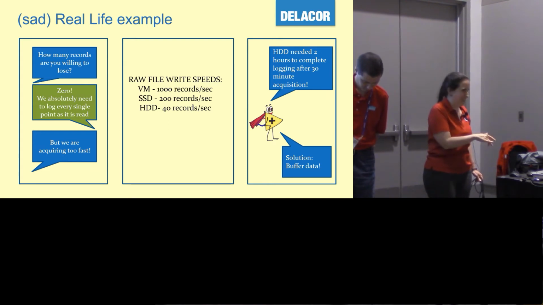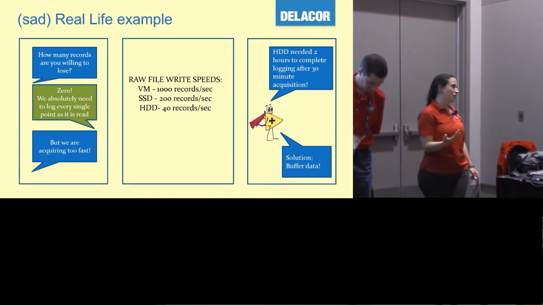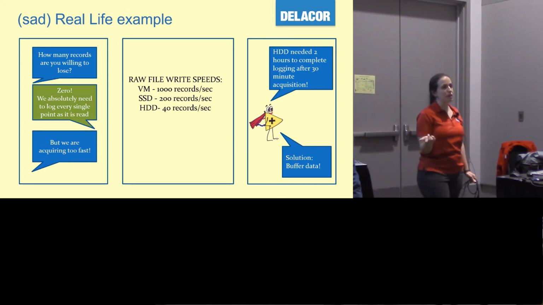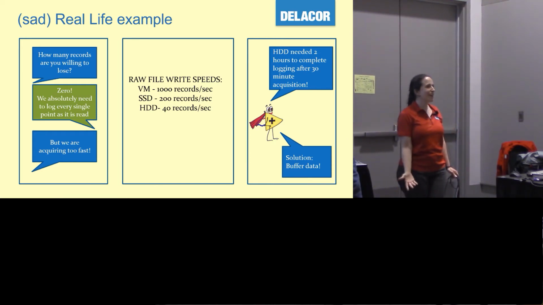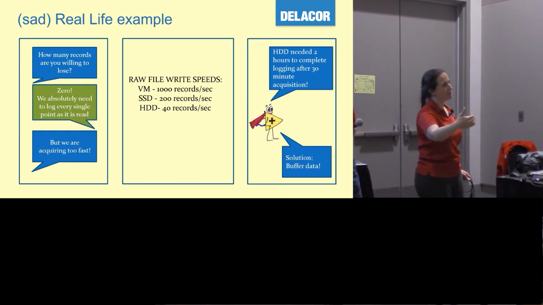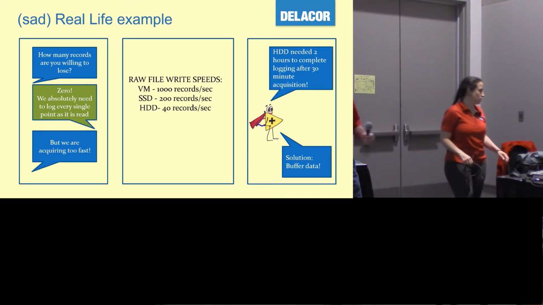That's what you wanted, but that's not really what you needed. So can we look into buffering that? And it ended up being that all we needed to do was buffer 1 second worth of data, and the thing kept up really well. So after the customer saw 2.5 hours versus losing 1 second of data, all of a sudden he was really keen on doing buffering.